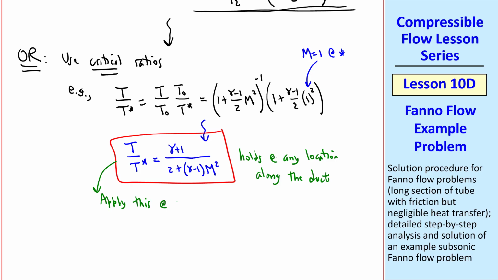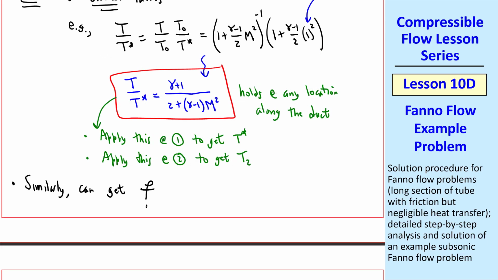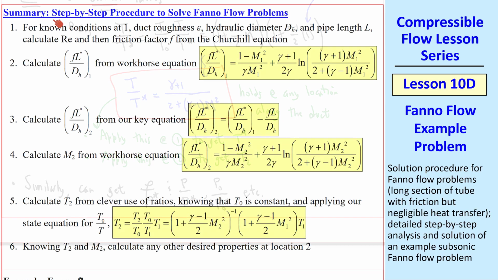So what we can do is first apply this at state 1 to get T star, and then apply this equation again at 2, now that we know T star, to get T2. And similarly, we can get expressions for rho over rho star, P over P star, P0 over P0 star, etc. These critical ratios for Fanno flow are shown on our equation sheet, which you can download. Here's a step-by-step summary of the procedure we just talked about, with steps 1 through 6, along with their equations.